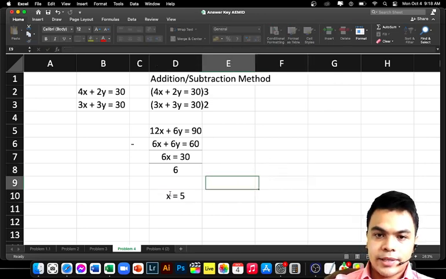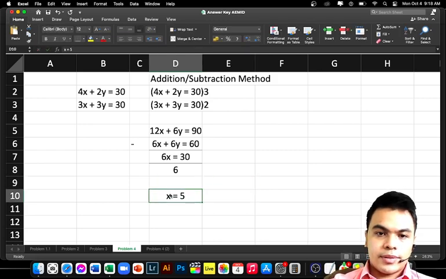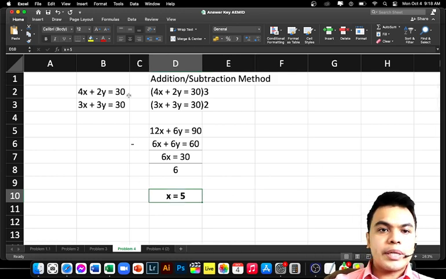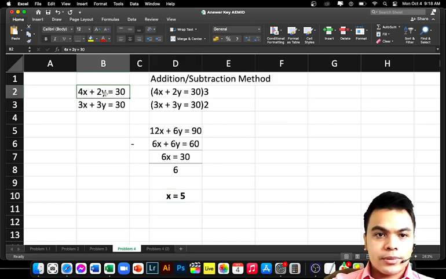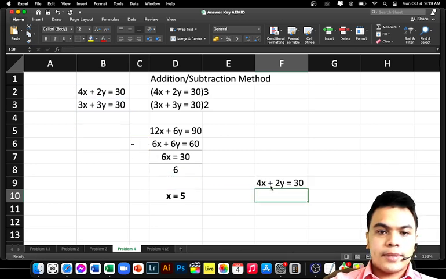Tama ba? 30 divided by 6 is 5. Ayan. So we have now the value for x. Our next step is to find the value for y. So we can use either of these equations for substitution. So let's use this one. Ayan.